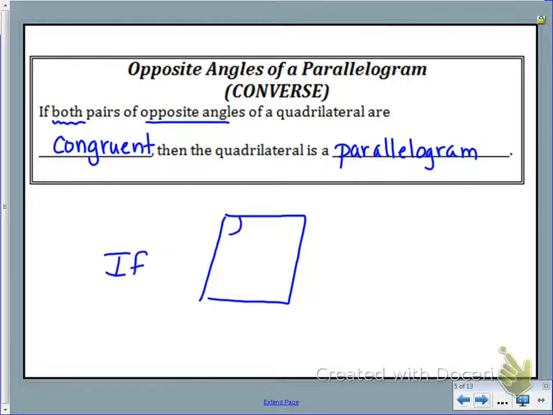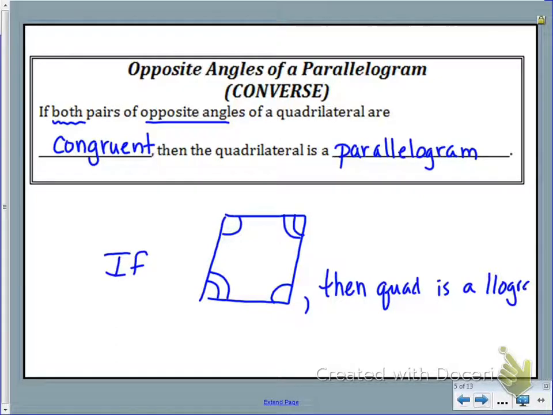So if you can show that that pair of opposite angles and this pair of opposite angles are congruent, then your quadrilateral is a parallelogram. So that's two ways that we can show a quadrilateral is a parallelogram.